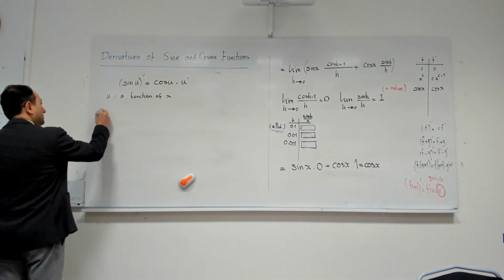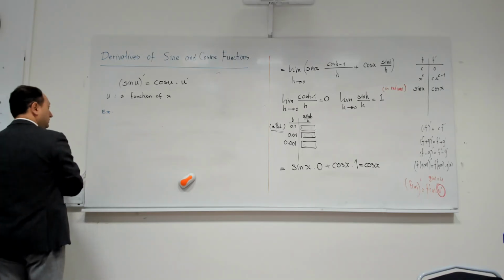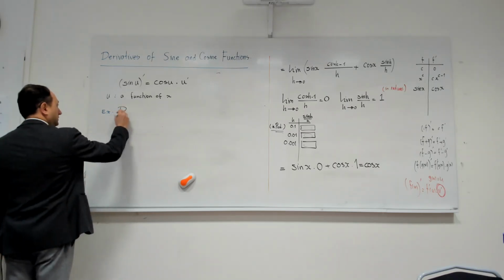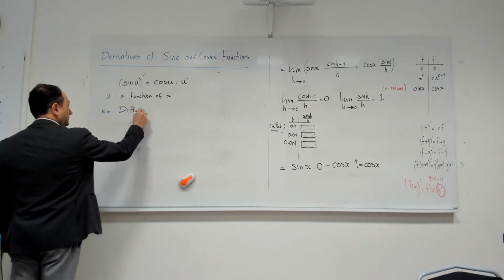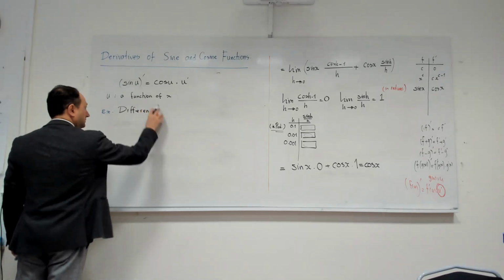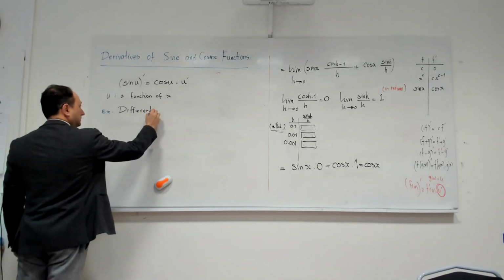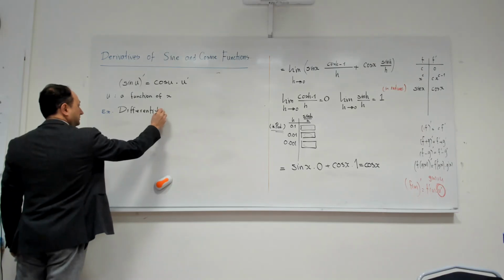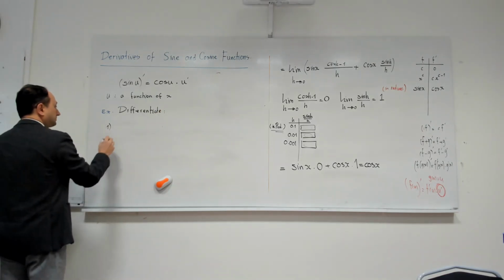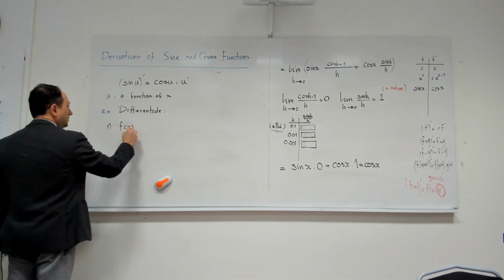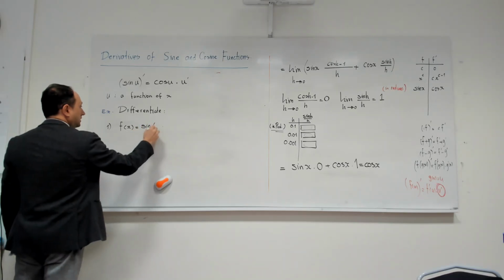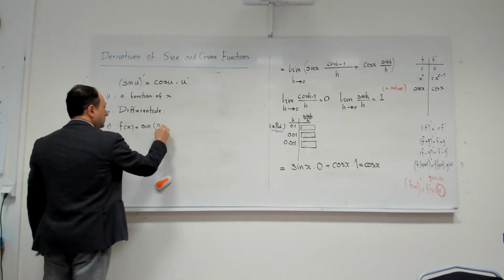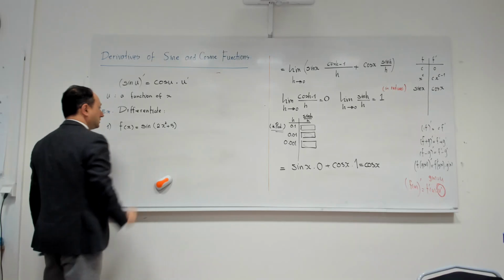So, example, differentiate. Number 1, f of x equals sine of 2x squared plus 5.